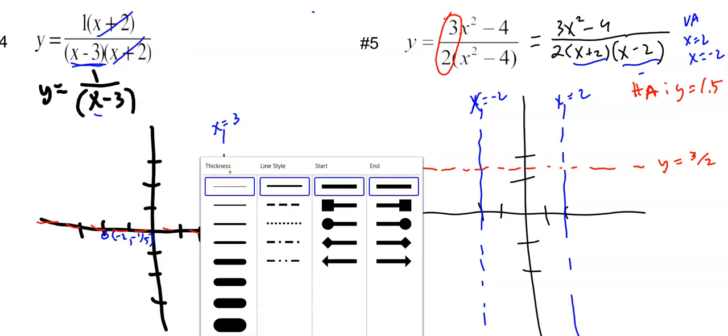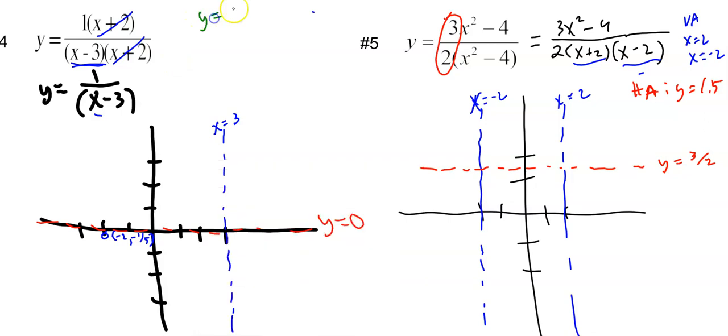So let's find the y-intercept. I'm going to plug in 0 for x, so that'd be 2 over -3 times 2. So that cancels, you get 1 over -3. So y equals -1/3, right about there. Let's see if there's an x-intercept.